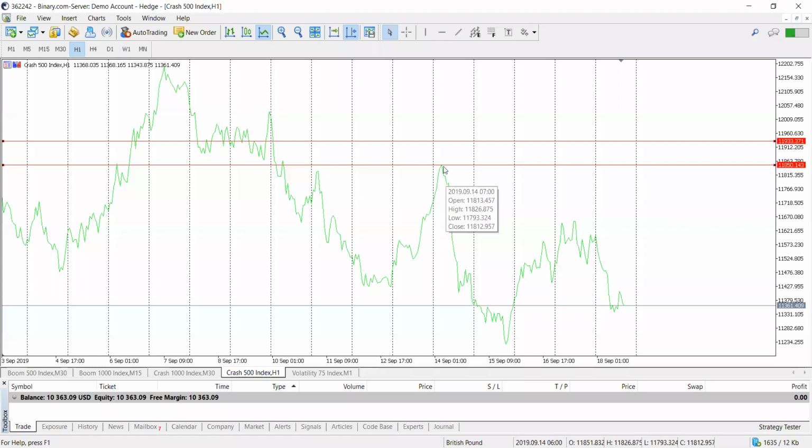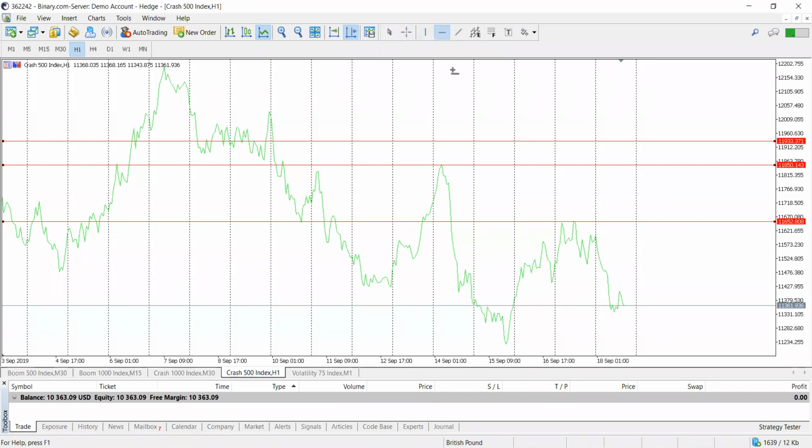So this is a very strong resistance. In other words, I'm saying when you draw your resistance, make sure that you use strong areas.